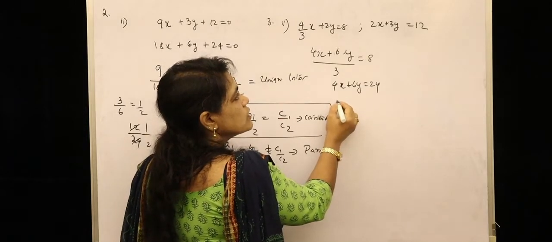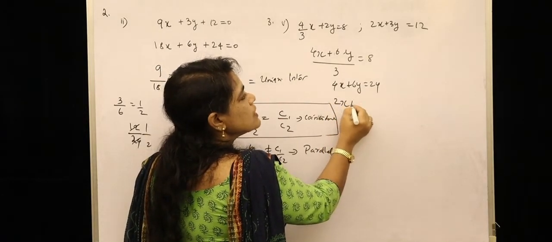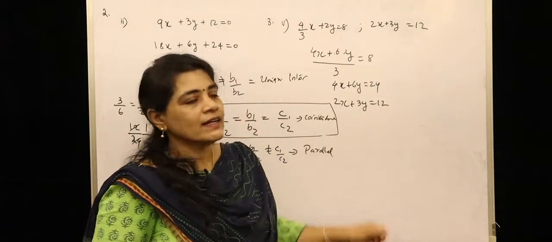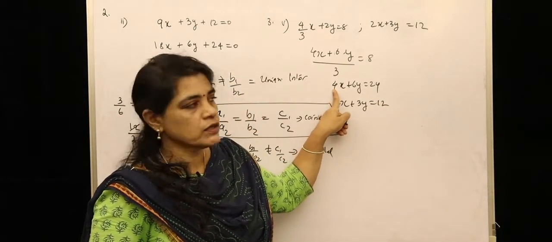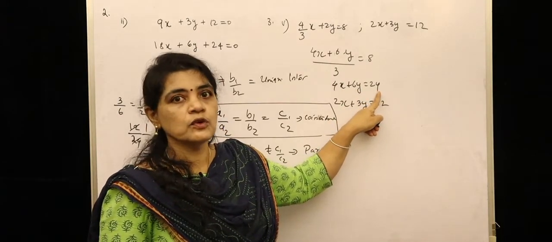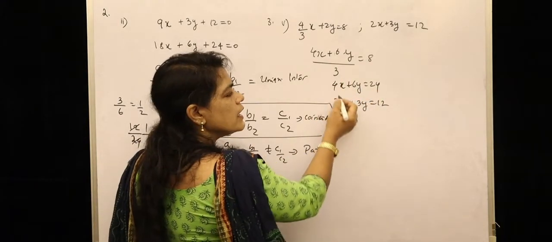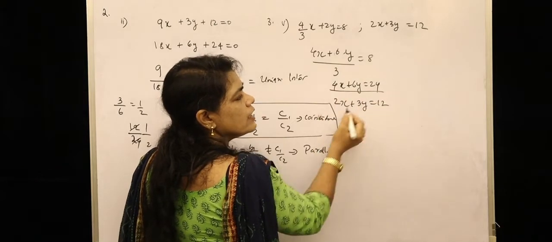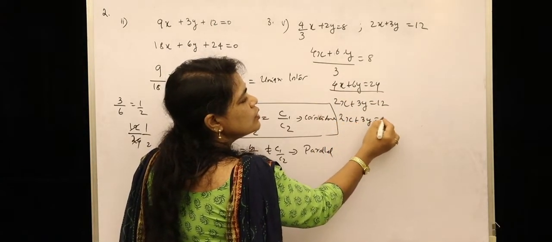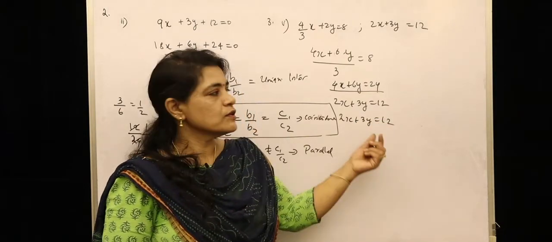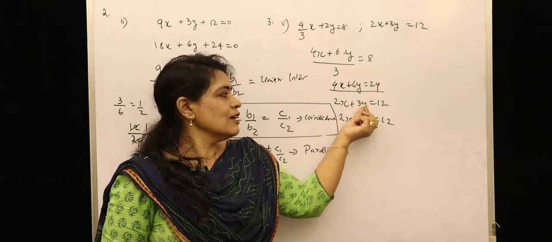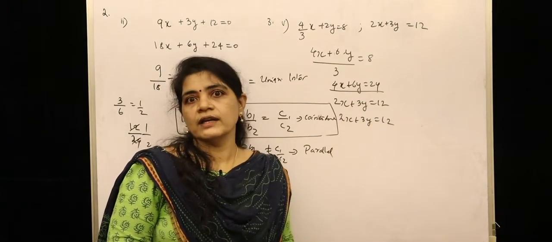And the second equation is 2x plus 3y equal to 12. What I said is here children, in the first equation 4x, 6y, 24, all are multiples of 2. You can simplify and write this as 2x plus 3y equal to 12.